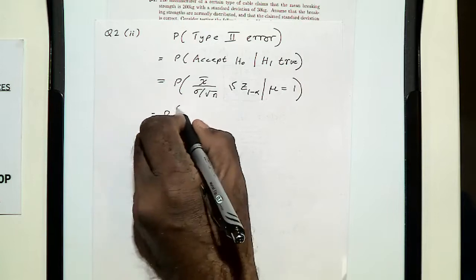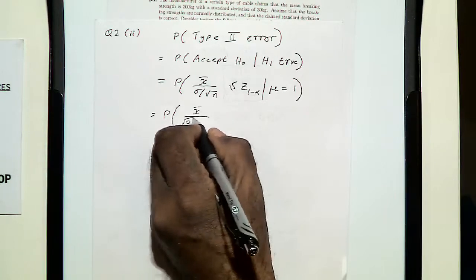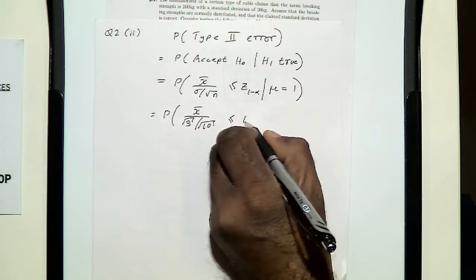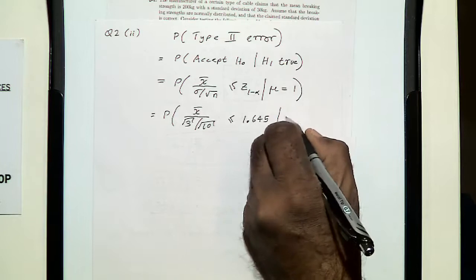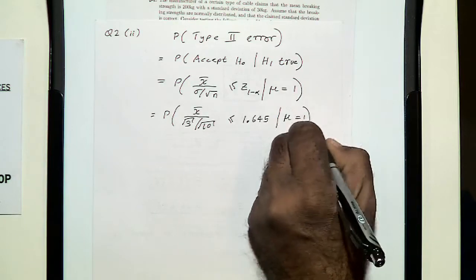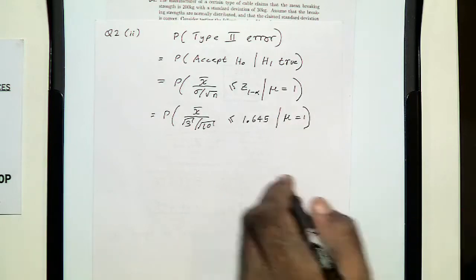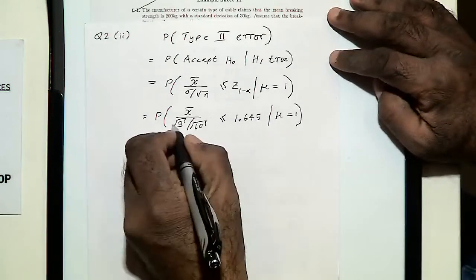Alright, now let's put in the values. We know sigma is root of 3, this is root of 10, this is 1.645, given mu equal to 1. Now, I'm going to do a trick here. Just watch carefully, okay?